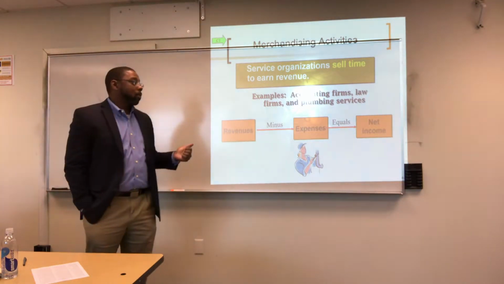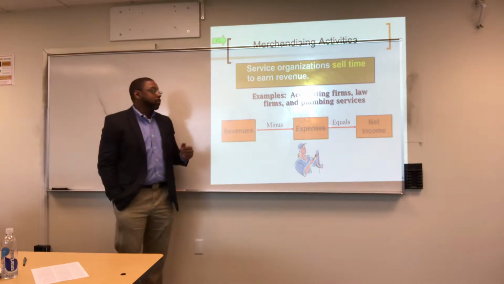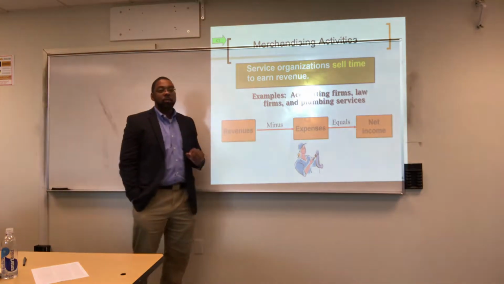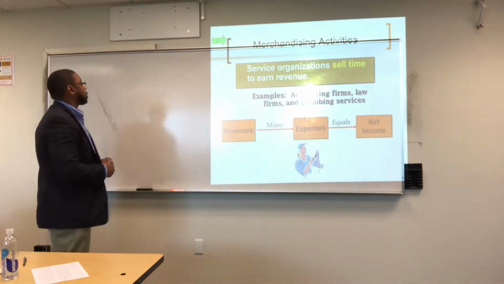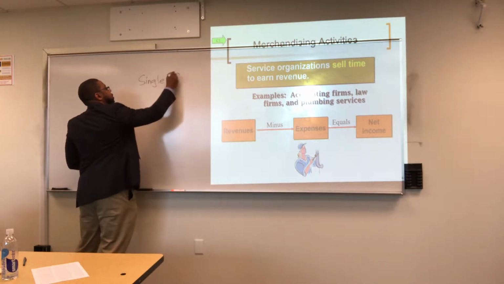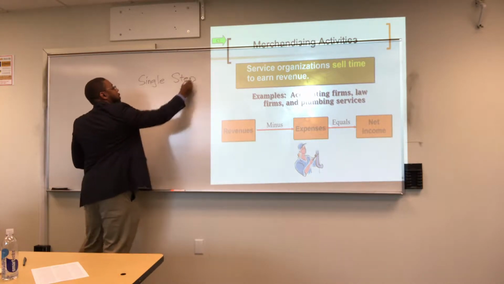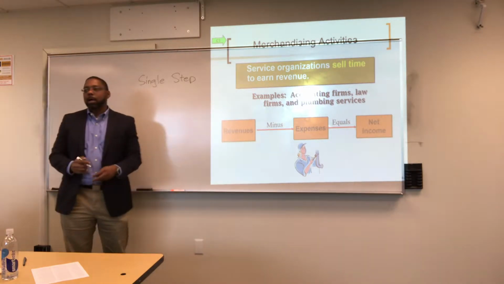Now in this chapter, we're going to change up the income statement. Up to this point, the income statement has been what we call single step. Write that down. Basically, you have the revenues on top, expenses on bottom.